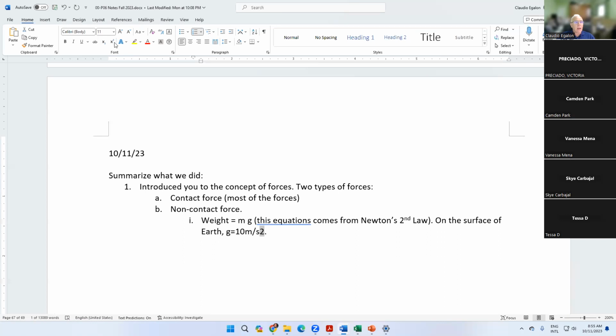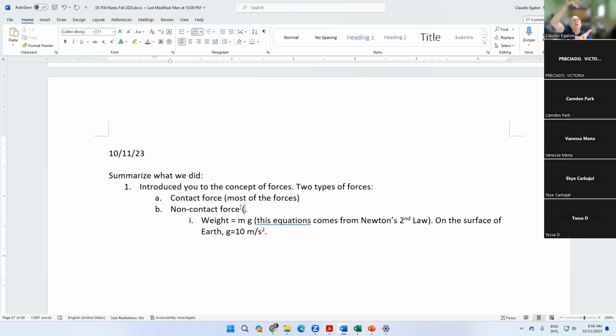Professor, is this non-contact force or? No, this is a non-contact force. Yeah, this is a non-contact force. Very few, because the object doesn't have to be in contact with the surface of the Earth. The Earth doesn't have to be touching the object for the object to be subjected to the force.